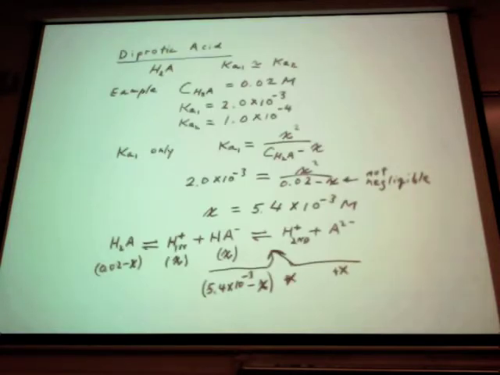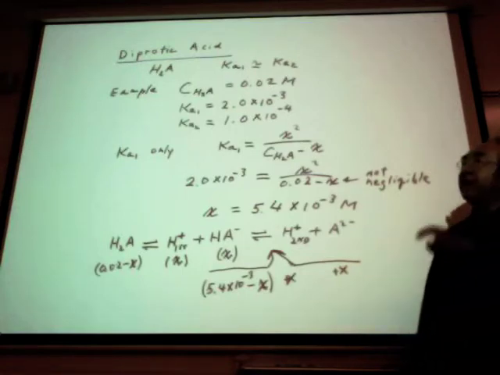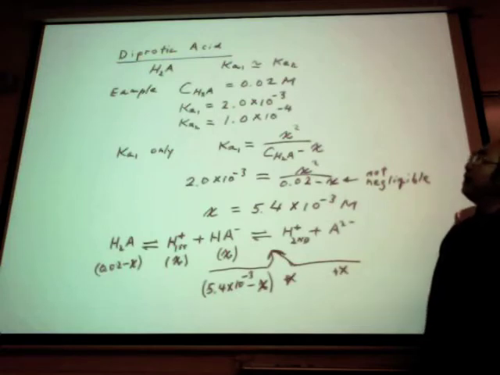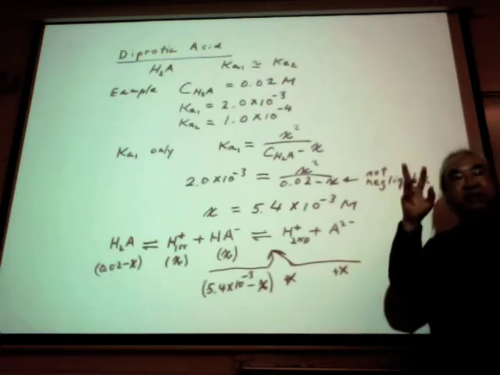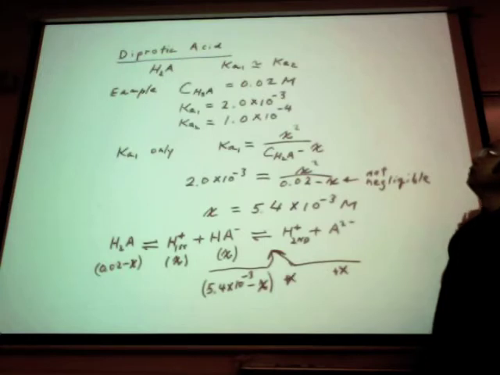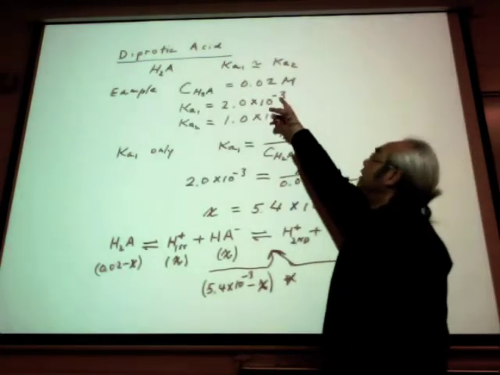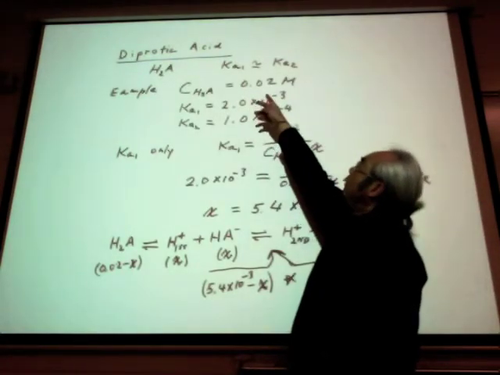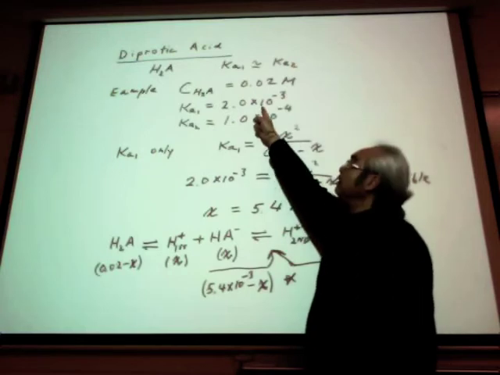Okay, we need to understand more on the Ka, particularly polyprotic acid. Like Jeremy last time asked about, what about when the two Ka values are near each other? Here is an example. Ka1 approximately equal to Ka2.